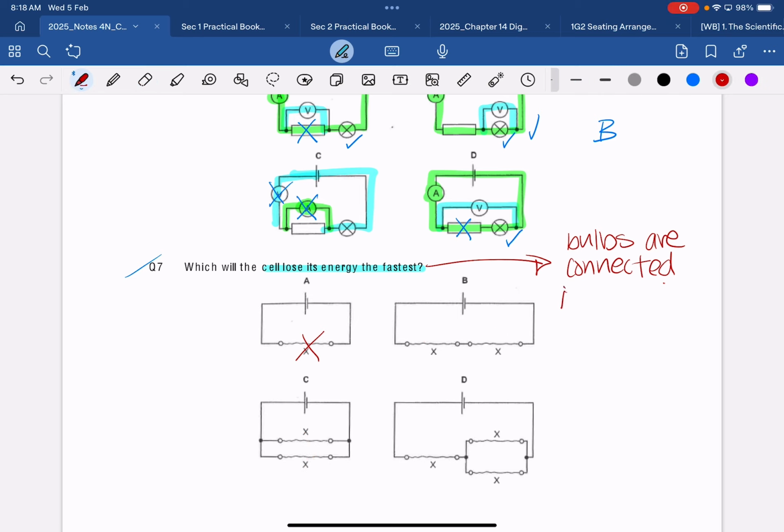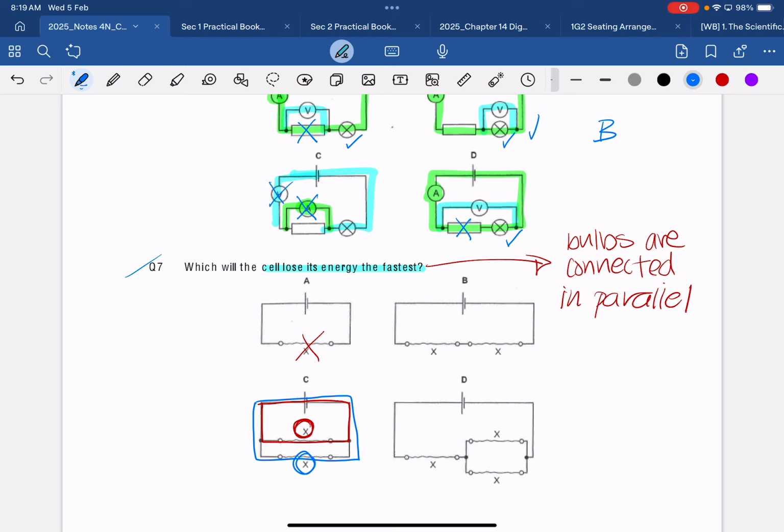It is in parallel. Why? Because this particular light bulb is taking so much energy from the battery, and this one over here is also taking the same amount of energy from the battery. So you take $2, I take $2, you take $2, I take $2. That's the reason why this one will consume the fastest.